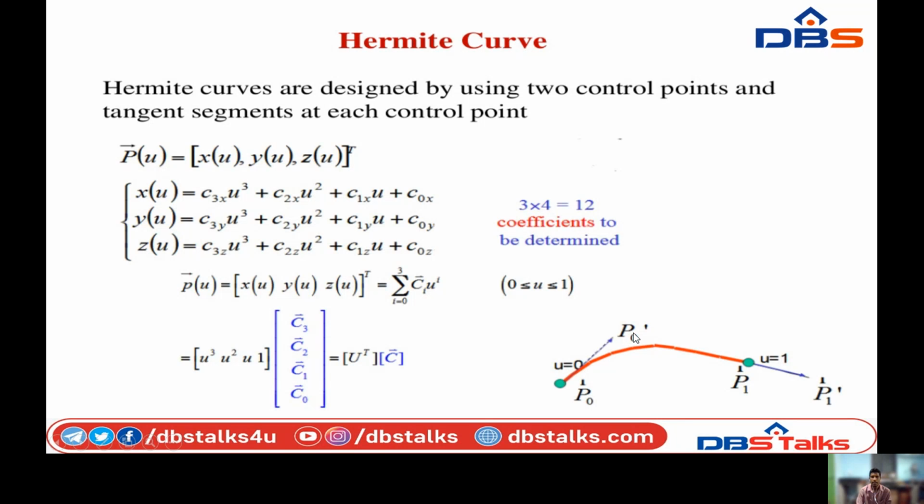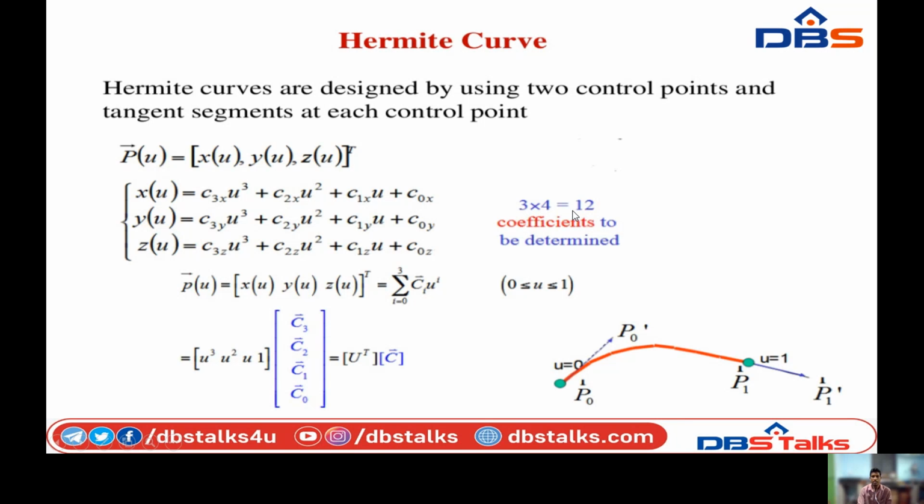Overall, four coordinates, that means four control points, are here. One is P0 and the second one is P0 dash. The third one is P1 and the fourth one is P1 dash. Two control points, u equal to 0 and u equal to 1. For 4 control points, 3 into 4. Why am I writing 3 into 4 here?